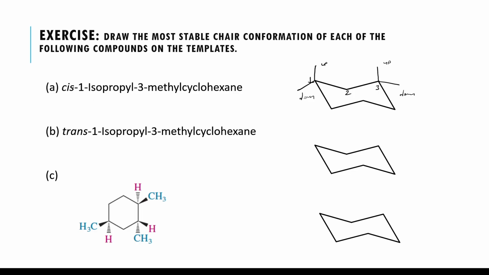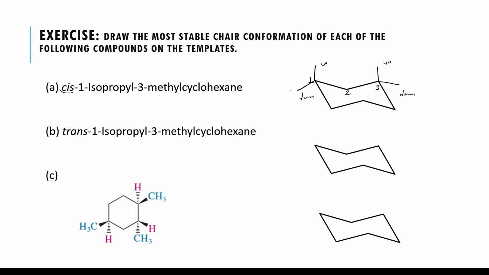So in order to have a cis isomer, both substituents, isopropyl on the first carbon and methyl on the third one, should be facing either upward direction or downward direction. And we know that when the substituents occupy equatorial positions, they are more stable than if they occupy axial positions.